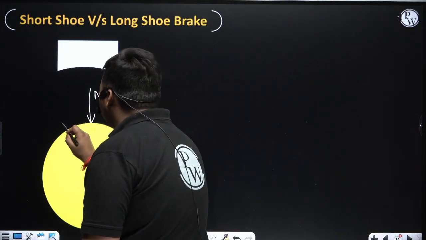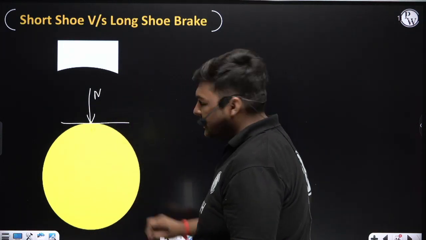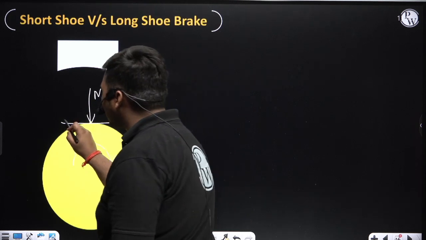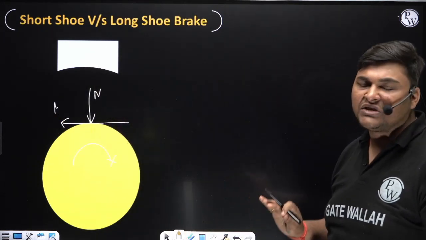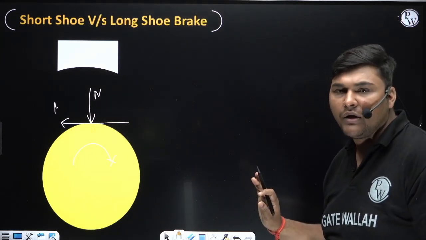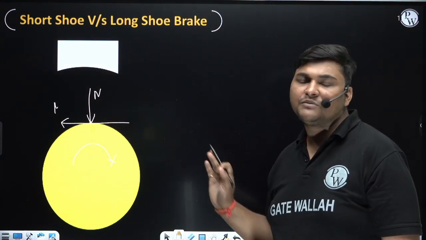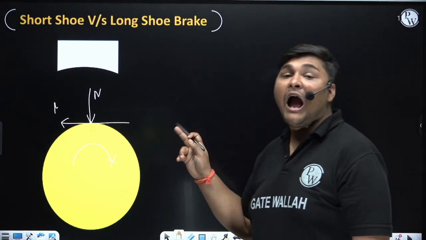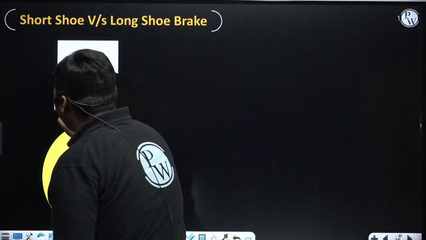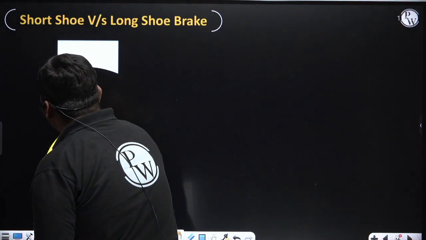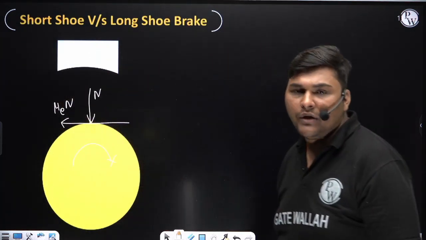Perpendicular to N, friction force will act. If the drum is rotating clockwise, the direction of friction force will be this. But right now I am not explaining the sense of friction force; I will explain that later. Here I am explaining how to find the magnitude of friction force. So the magnitude of friction force will be mu equivalent into N. Always use mu equivalent into N.